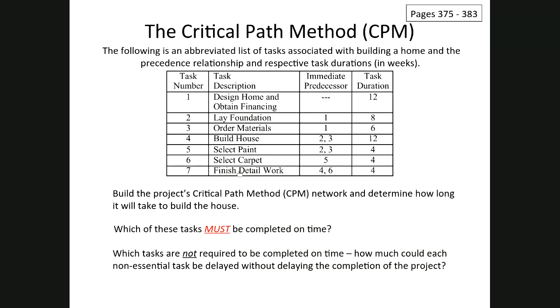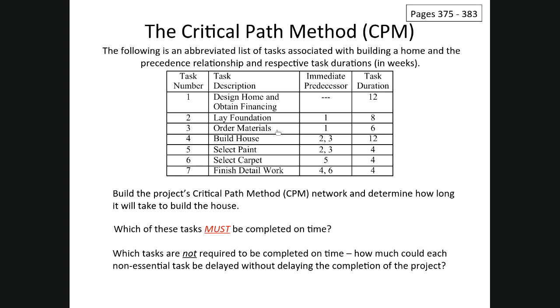And then the third column is the column of immediate predecessors that tells which tasks must follow which. So, for example, task 2, which is lay the foundation, cannot start until the design is completed and the financing is attained.